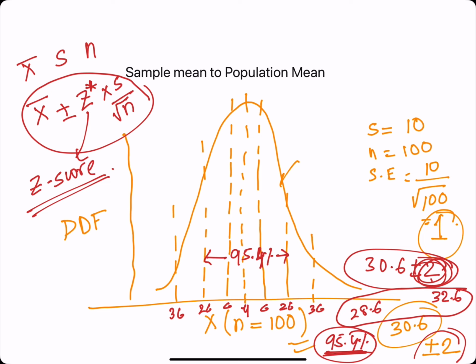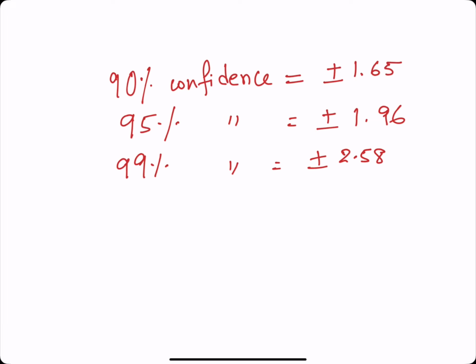Some of the very commonly used z-scores are as follows. For 90% confidence, the z-score is plus minus 1.65. For 95% confidence, the z-score is plus minus 1.96. And for 99% confidence, the z-score is plus minus 2.58.